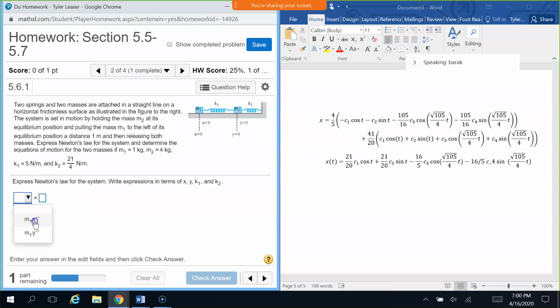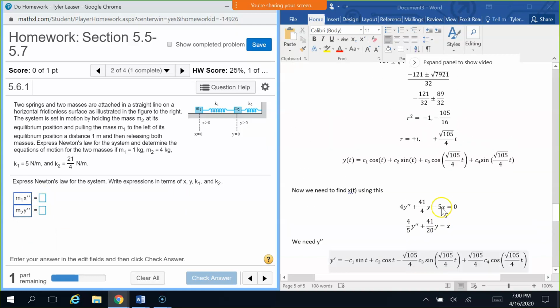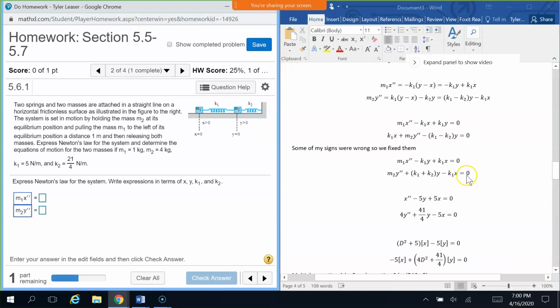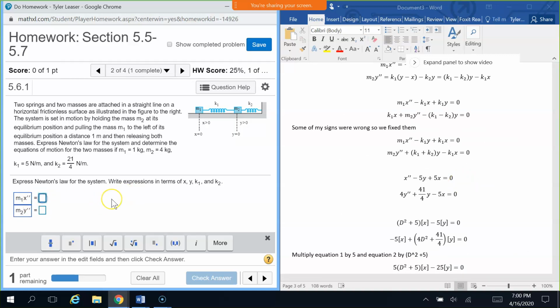I should have started back here, huh? Oops. These just wanted the equations. So I'm scrolling up, sorry. Let me plug in my equations here.